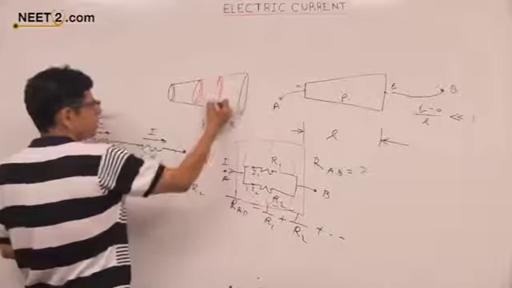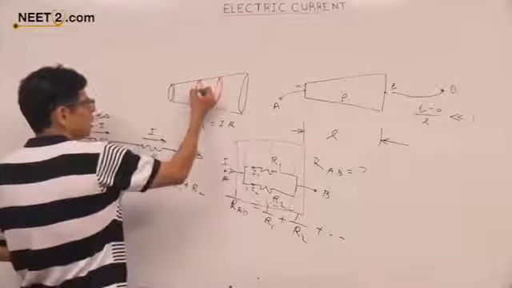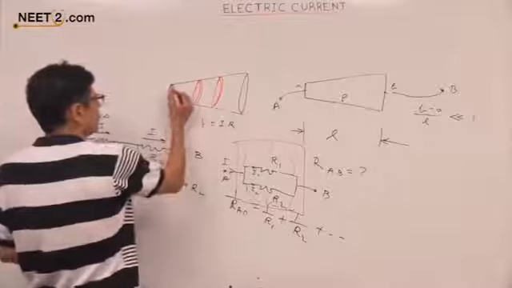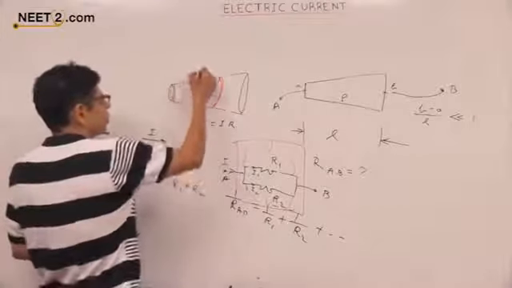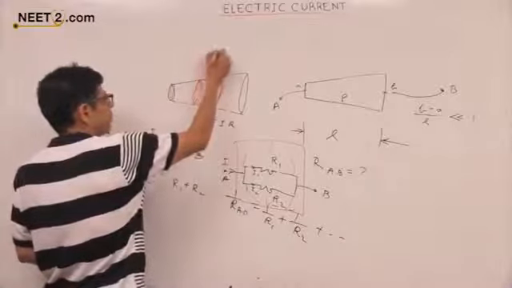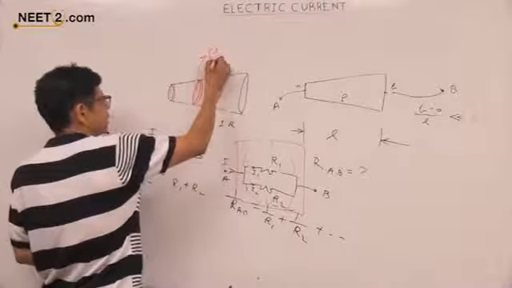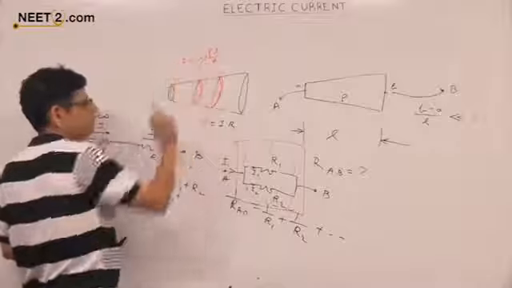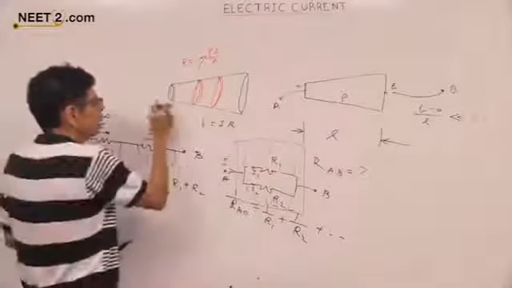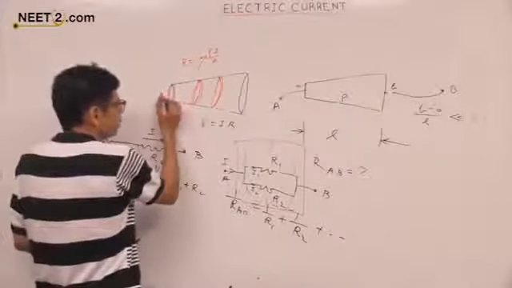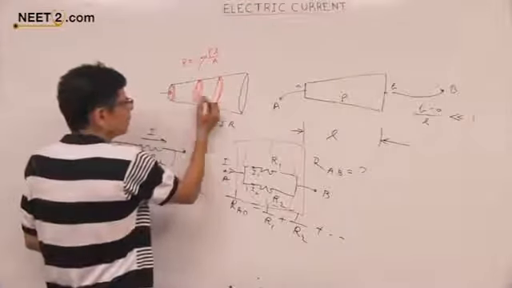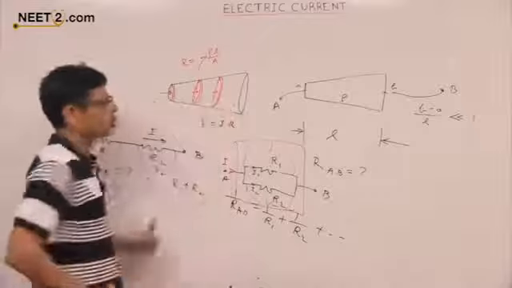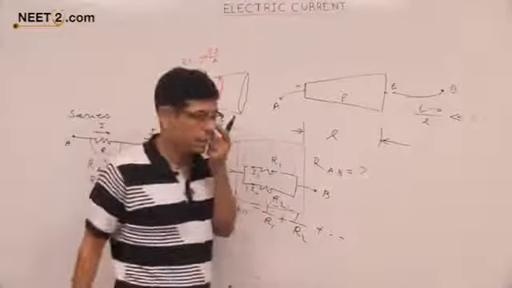For each slice, we can use the formula rho L by A for getting its resistance. And then we do see that whatever current goes penetrating through this, later it will come out of this one too. So these things are in series.